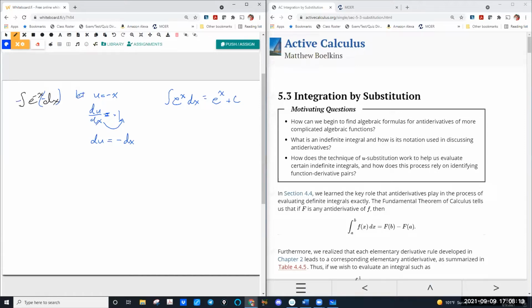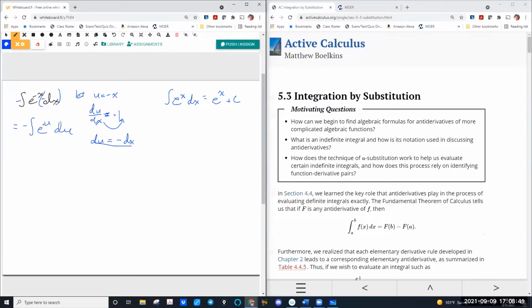To make sure I compensate for that, I put a negative out front. So whatever I do inside to make my substitution work, I undo on the outside. We can always do that by a constant. Now I can make my substitutions. This negative x, well, that's u, and negative dx is du.